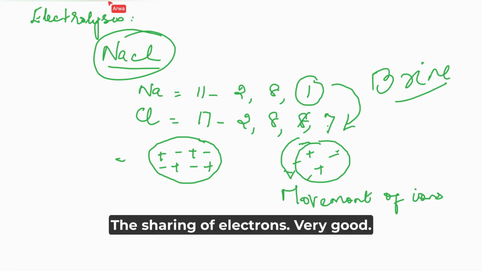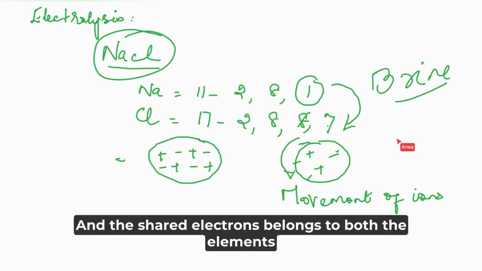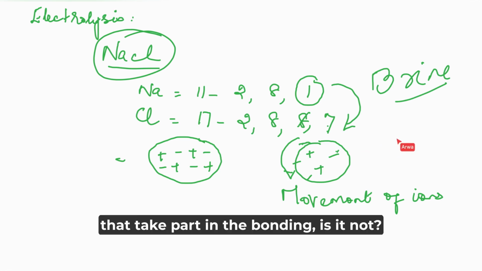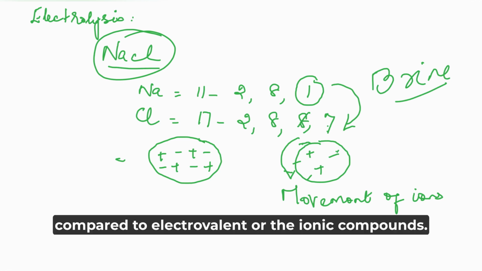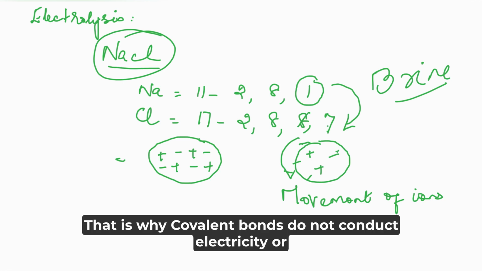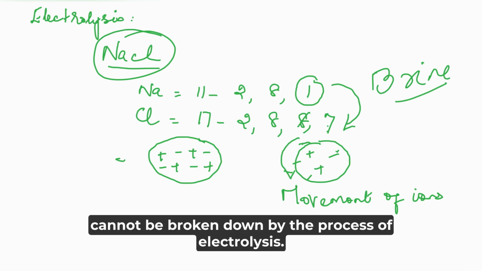The sharing of electrons. Very good. And the shared electrons belong to both the elements that take part in the bonding. So covalent bonds are generally not very strong when compared to electrovalent or the ionic compounds. That is why covalent compounds do not conduct electricity or cannot be broken down by the process of electrolysis.